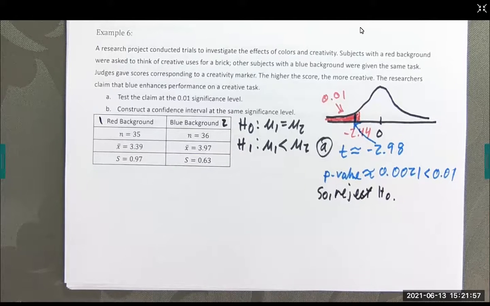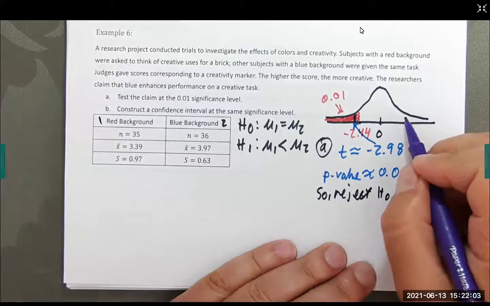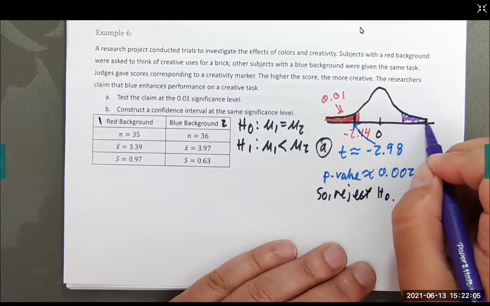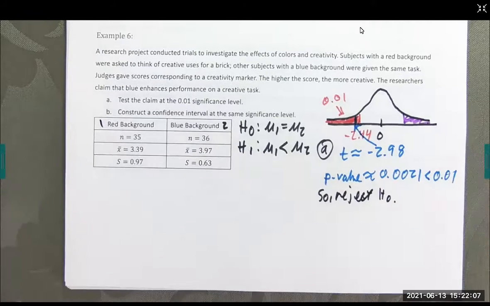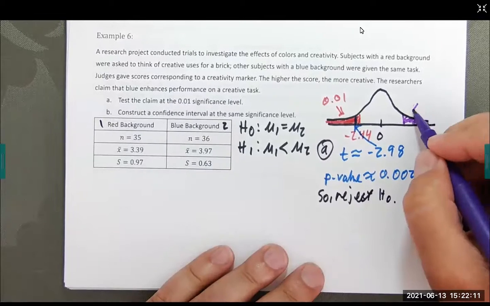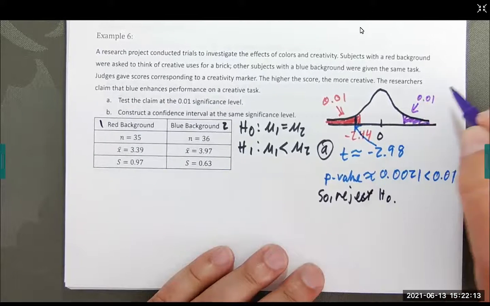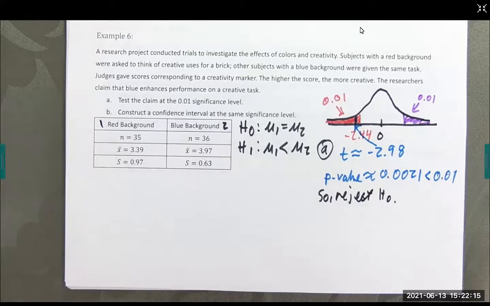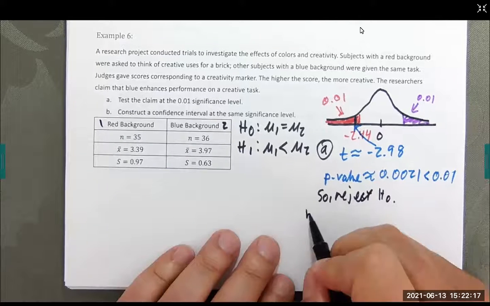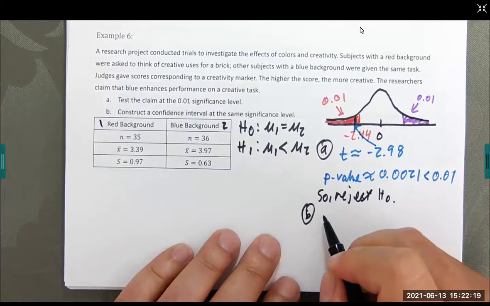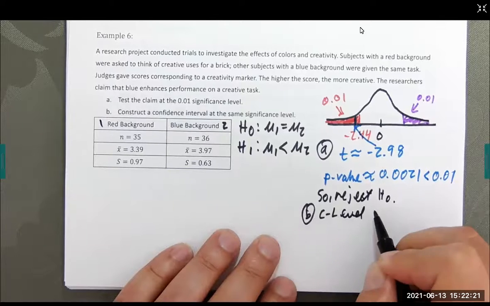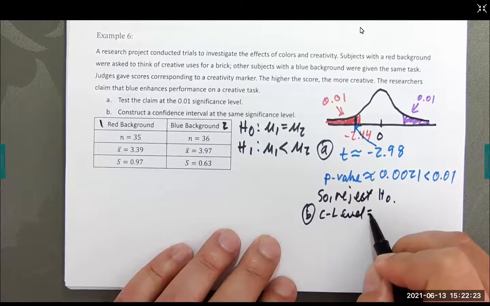Part B says we're going to do the same thing, but we're going to construct a confidence interval. But we've got to keep in mind, because it's only a one tail, we've got to add this, and that changes our C level to 0.98. Part B, C level should be 0.98 in this case.